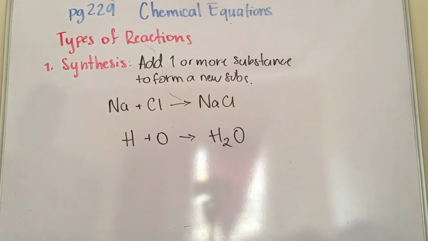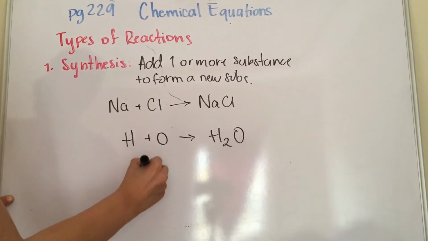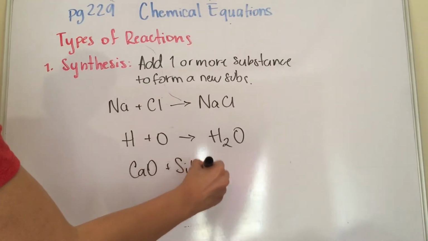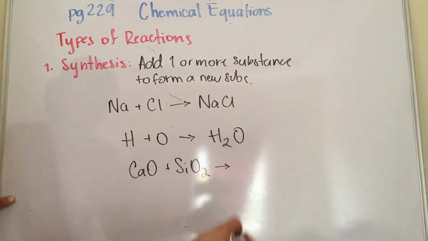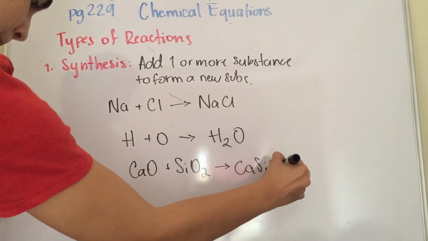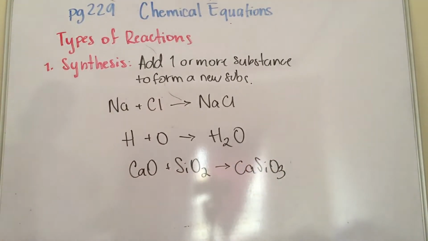We have a little bit more complex reaction such as calcium oxide plus silicon dioxide, which is going to produce calcium silicate. This is a synthesis reaction. Again, for me, it is the simplest one because we just need to add and we have one new product.